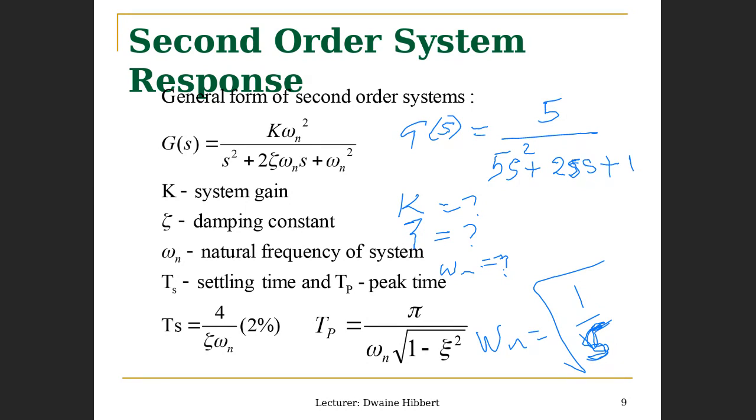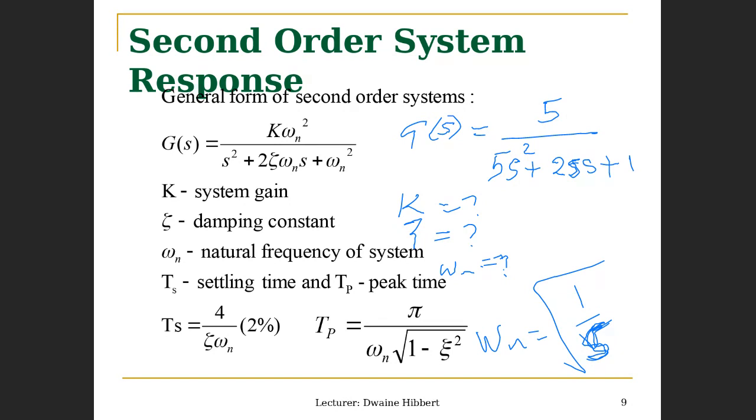So if we do that, we could get the omega n squared aspect of the equation, and then use that to find the natural frequency.